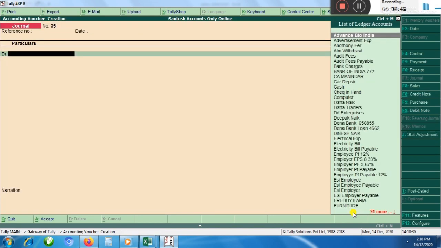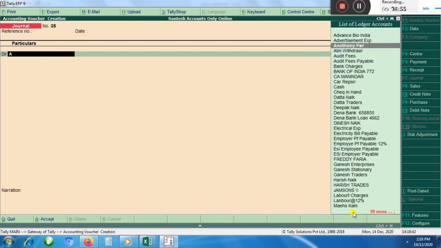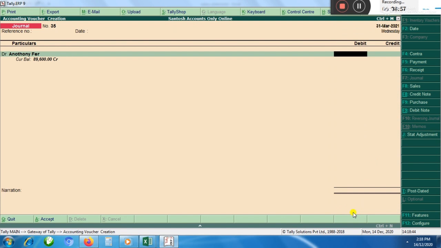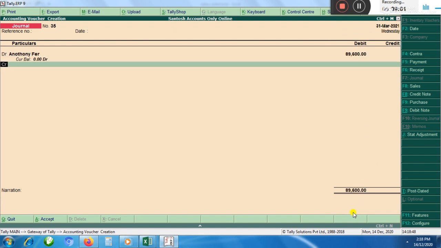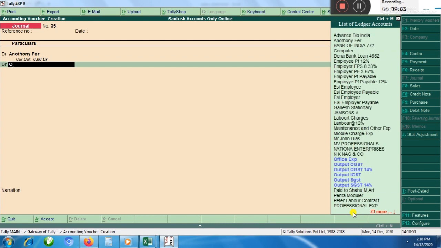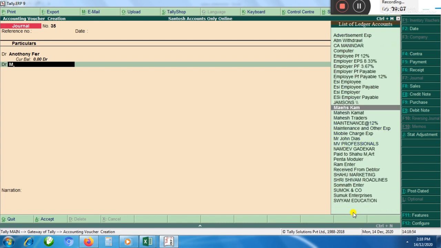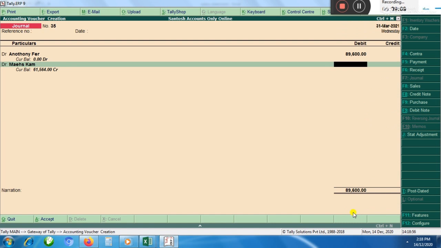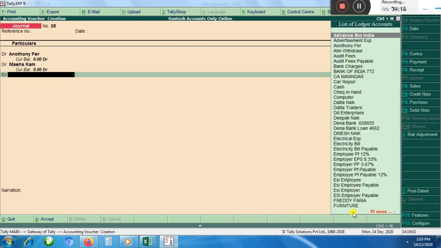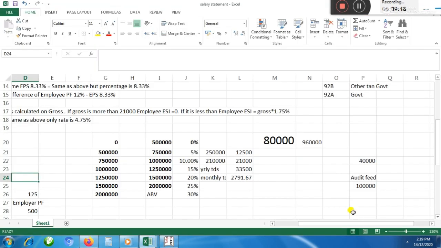All the credit balances of the debtors, I'll debit. So debit Anthony Fernandez 89,600, and again debit Mahesh Kamath 61,564.